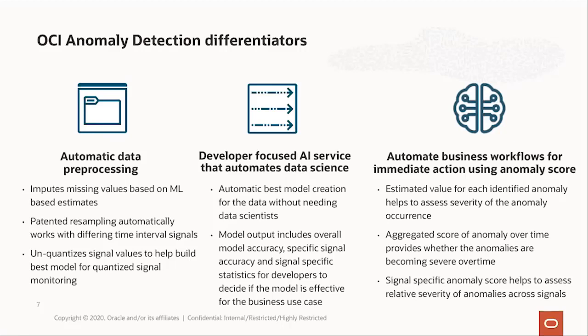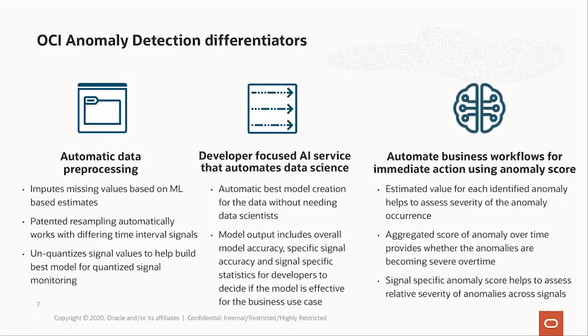So the user of the service is not expected to be a data scientist. Furthermore, the user is not expected to figure out how to scale up and scale down the compute, because it's a completely managed service. Depending on the size of the data, we automatically scale up and scale down to ensure that you're getting the best model that you need within the time period that is ideal.